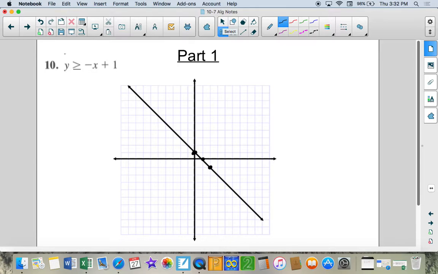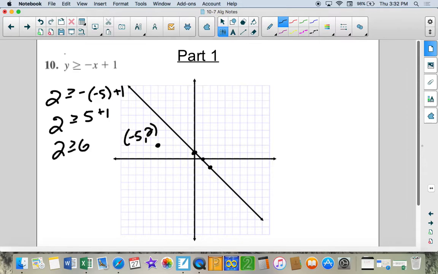Now, that line is going to separate true from false. So one side's going to be true, one side's going to be false. So if we test this point, let's take the point -5, 2. If we plug in 2 for y, -5 for x, we get 2 is greater than or equal to 5 plus 1, or 2 is greater than or equal to 6.